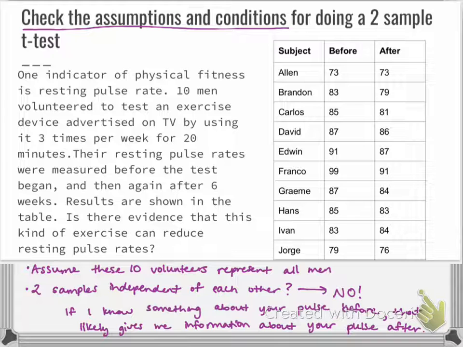Whenever you have 2 samples that are intentionally paired at the same sample size, or one person before and after, that's what we call not a 2-sample t-test, but a matched pairs t-test. You essentially have pairs of data that match together in some way. In this case, it's before and after.